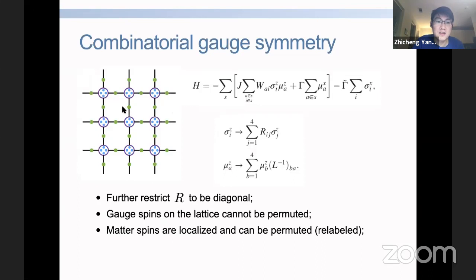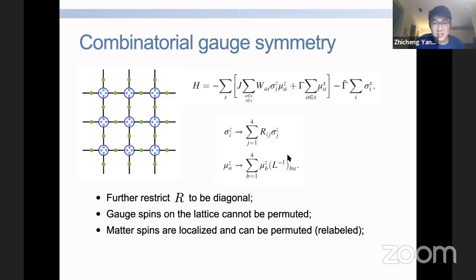The reason is the following, because this is how it looks on the lattice. Of course, on a single star, I can permute the sigma spins. But on the lattice, those gauge spins are shared between two adjacent vertices. I cannot permute arbitrarily, because if I permute this, I'm going to spoil the other stars as well. So I want to keep the gauge spins as they were on the lattice. So I constrain the R matrix to be diagonal, meaning that I only allow spin flips, but I don't allow permutation.